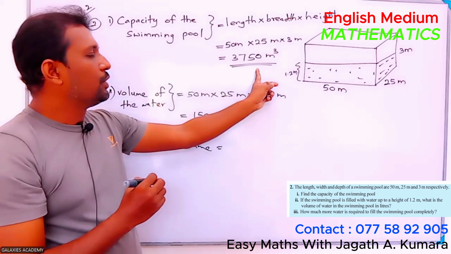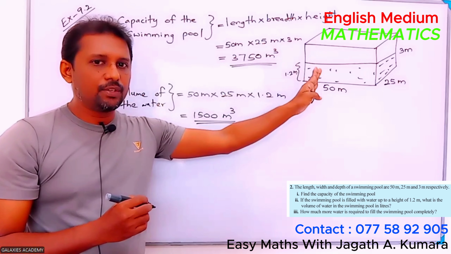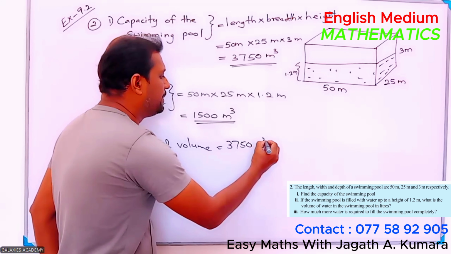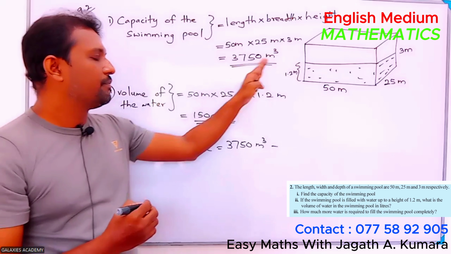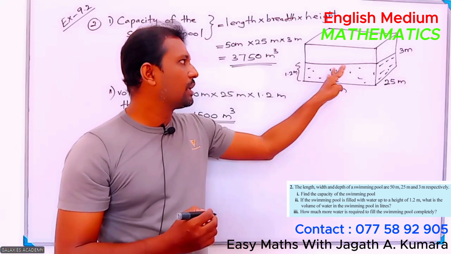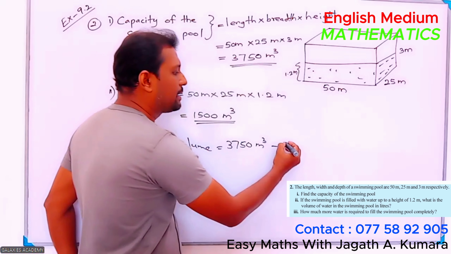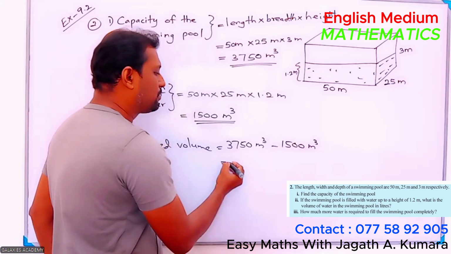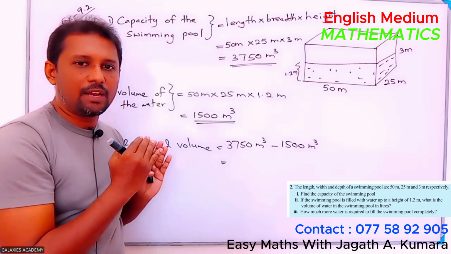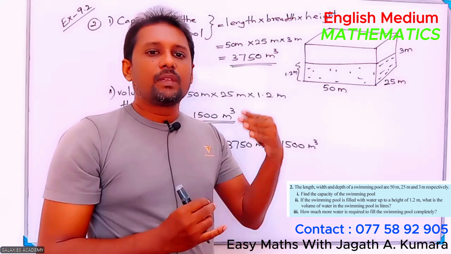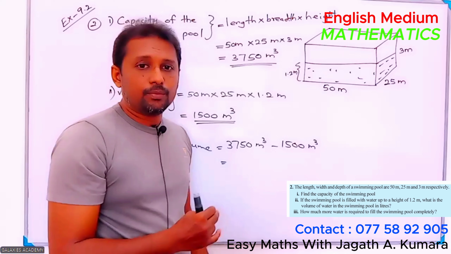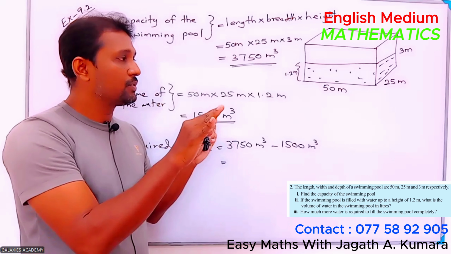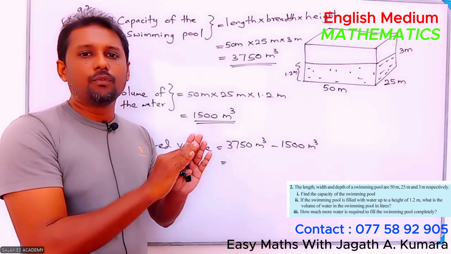The total volume of the tank, that means the capacity of the tank, is 3750 cubic meters. Also this swimming pool is filled with water 1500 cubic meters. So you have to subtract these two values, then you can find which volume we have to use to completely fill this swimming pool with water, right?